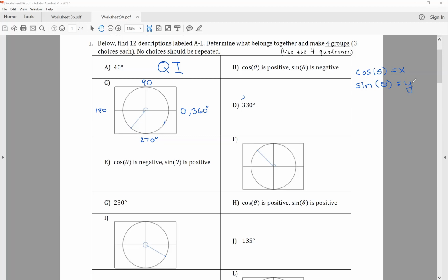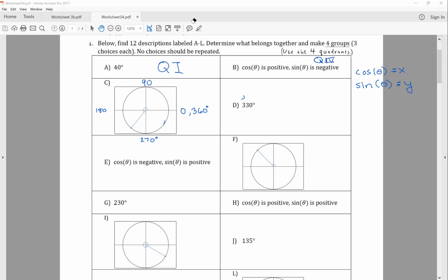If I have cosine positive, I know cosine is positive to the right of the y-axis, and sine is negative below the x-axis. So that would give me quadrant 4. In quadrant 4, x is positive and y is negative. So the answer to B is Q4.